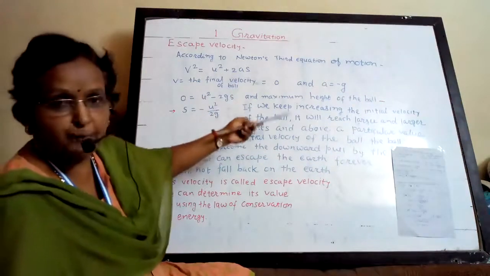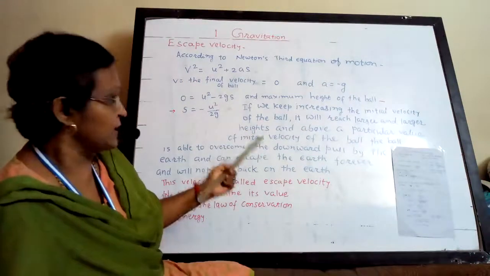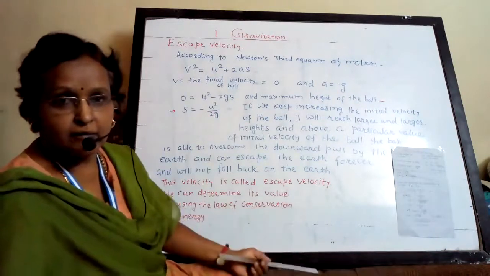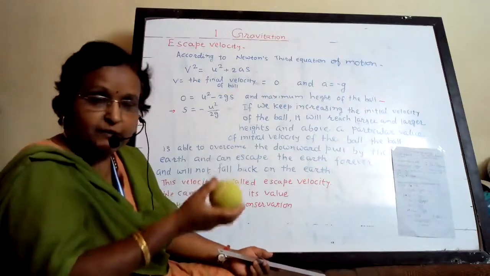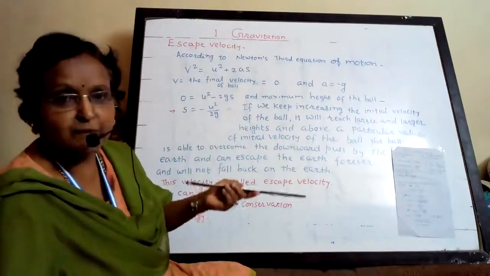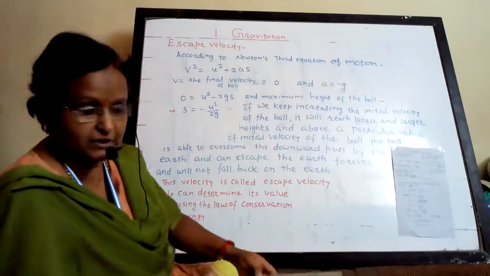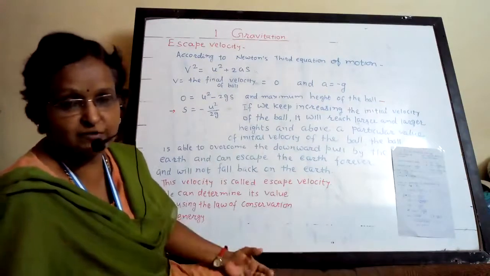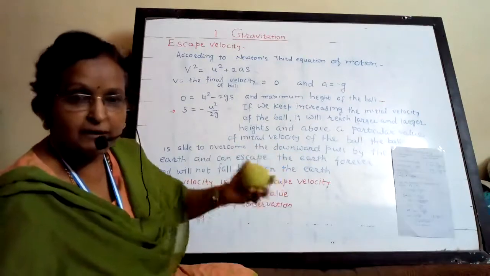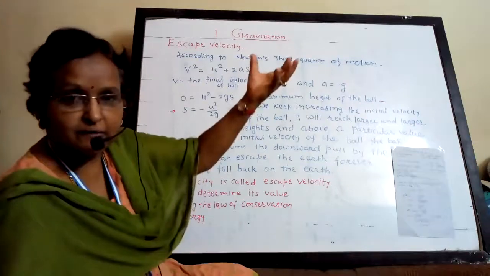If we keep increasing the initial velocity, the ball will reach larger and larger heights above the surface of the earth. As it increases its height, the ball escapes from the pull of gravitation. If it goes to a very large distance, or we can say an infinite distance from the surface of the earth, it will escape from the gravitational pull and become stationary there.